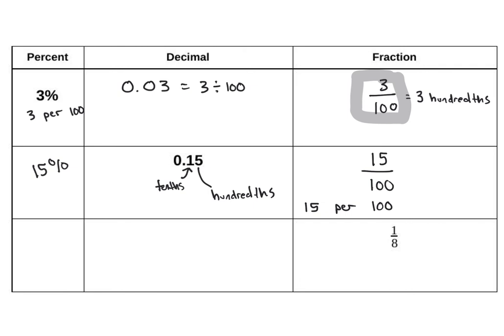All right, let's try this 1/8. My recommendation for you in a fraction like this is to type it in your calculator. 1/8 means 1 divided by 8. Go ahead and type that in your calculator. What I get when I type 1 divided by 8 is this decimal, 0.125.